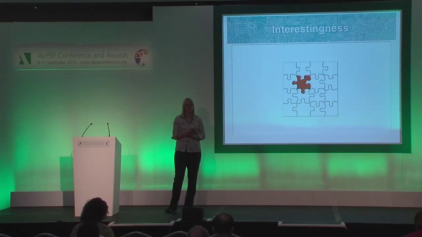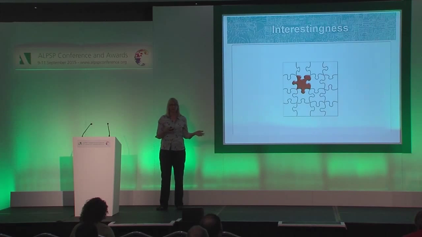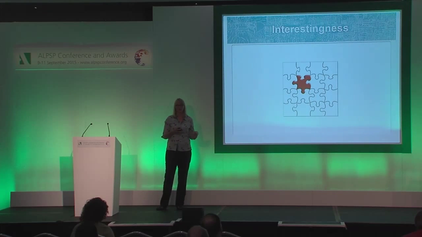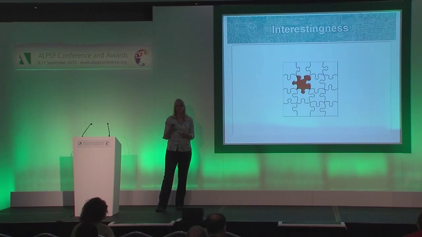I said already I would talk a little bit about interestingness. So once we had actually extracted the different excerpts containing the locations for a book, some books obviously had quite a lot of excerpts and some only had a few, but for those for which we had quite a lot, some of the excerpts weren't actually that interesting.